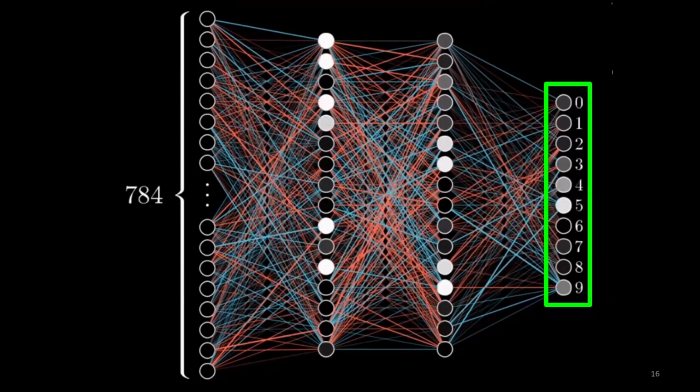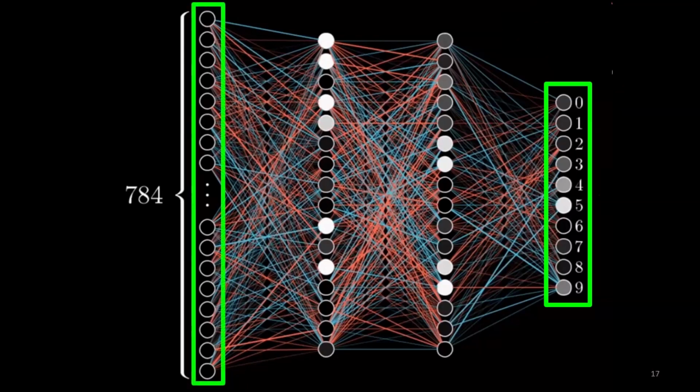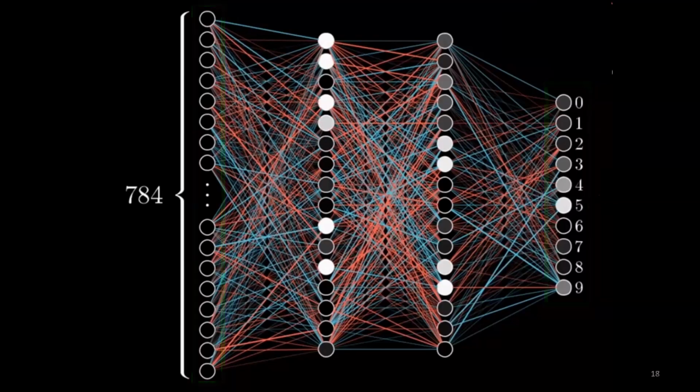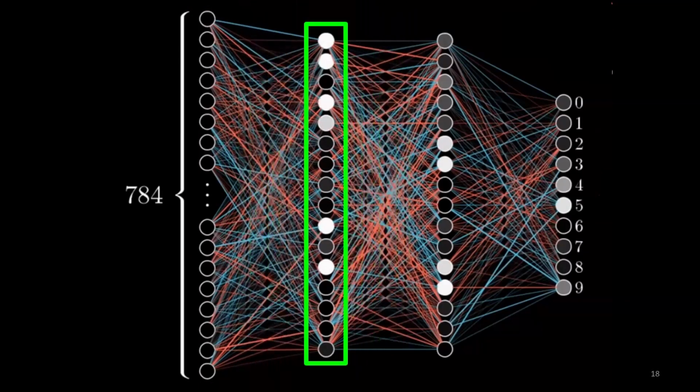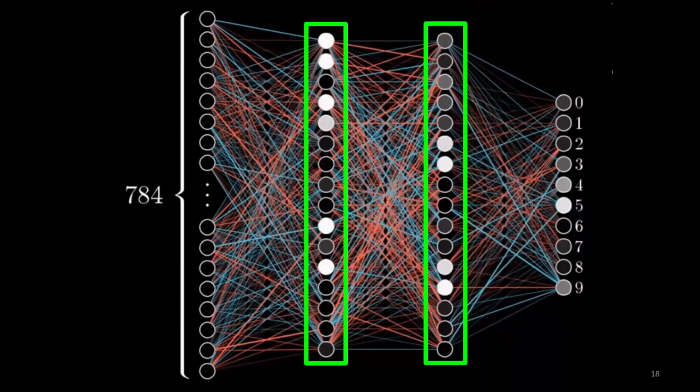In this case, you can see that 5 is the highest activated node, so the network would decide that it saw the number 5. So we have our input layer, our output layer, and very importantly, our hidden layers. The hidden layers are the connections that do the magic of the cognition in a connectionist network. You can have any number of hidden layers; in this case, we have 2.